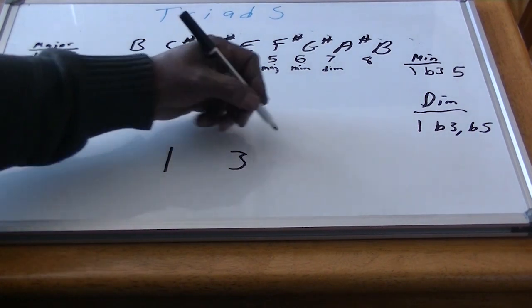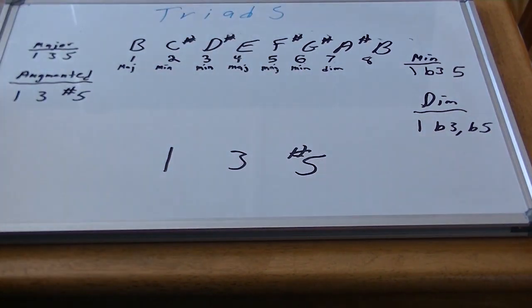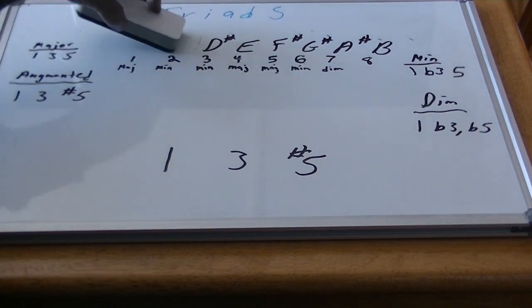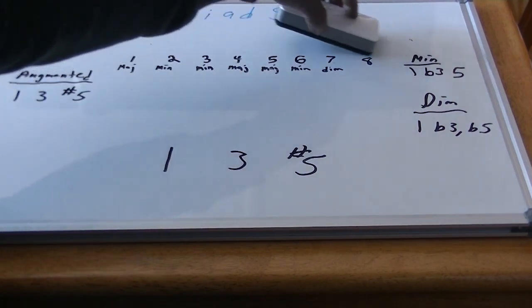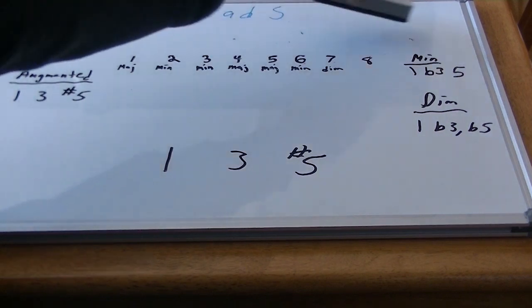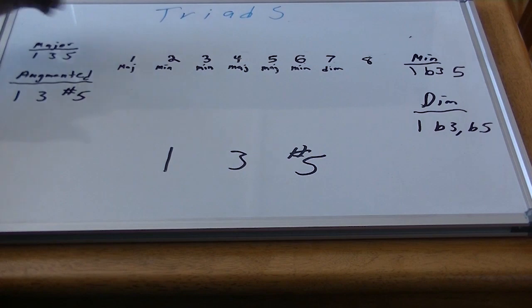So let's start with the formula. Root, third, sharp fifth. Okay, so what I want to do now is to bring us back into familiar territory. I want to derive a C augmented triad.